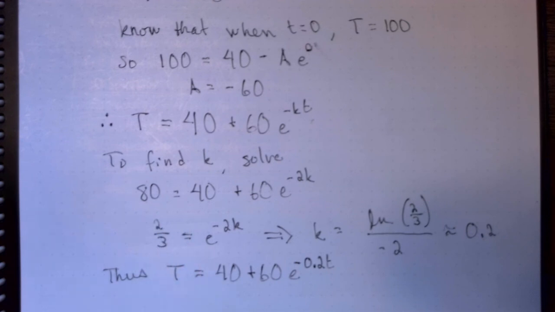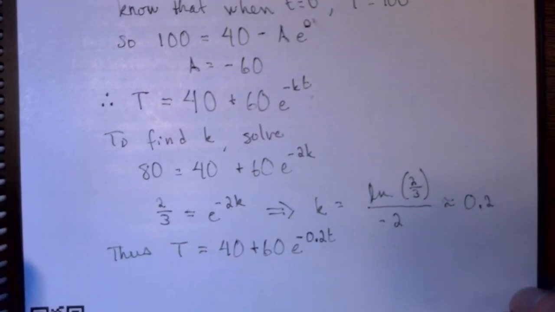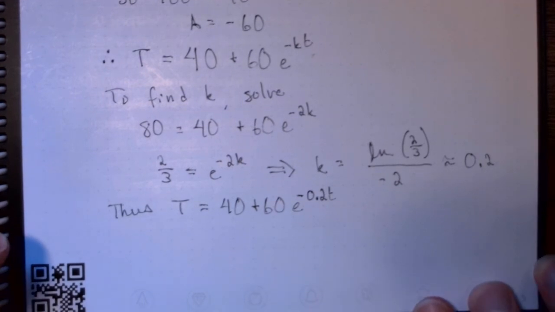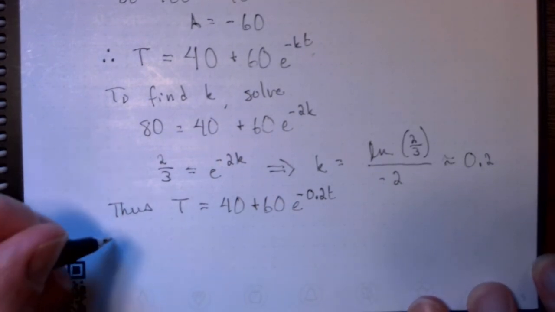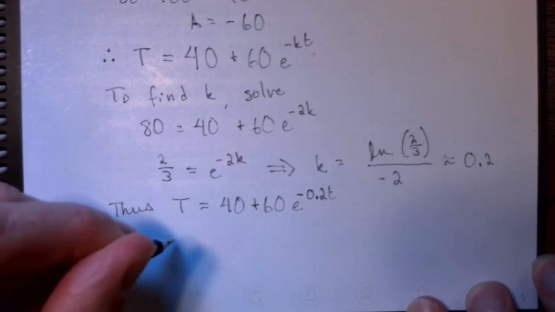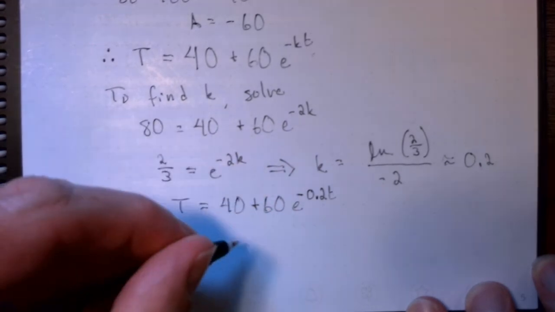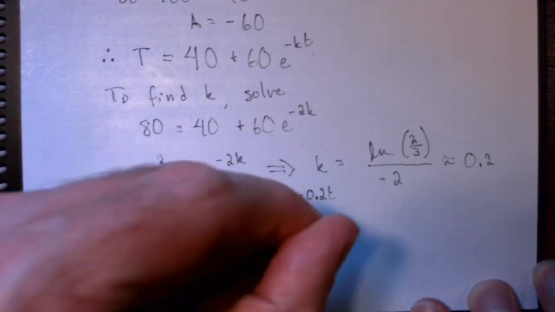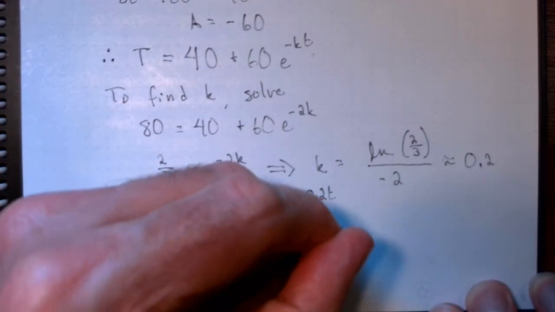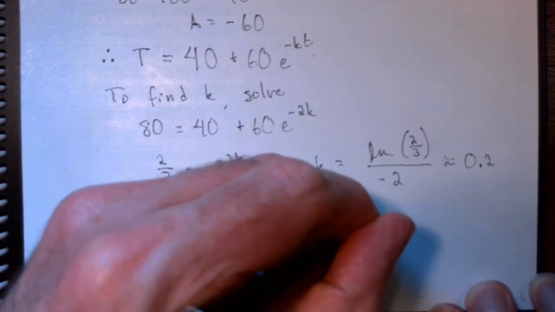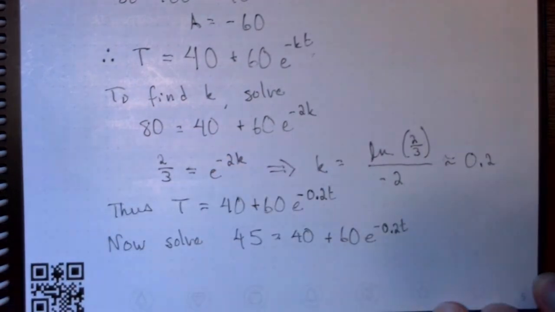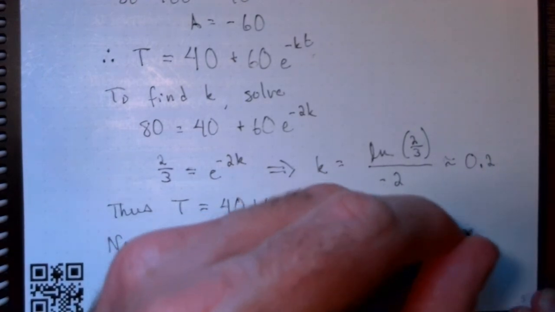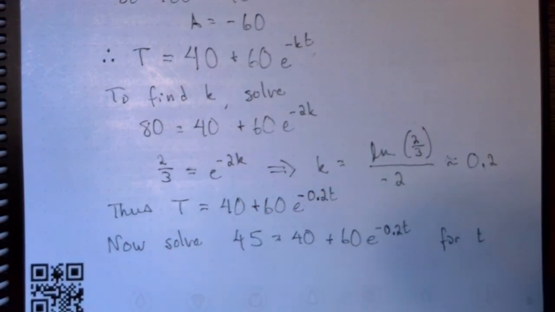Okay? Now, the last step was to find out when the metal will be 45 degrees. So the last step is to solve this equation for little t.